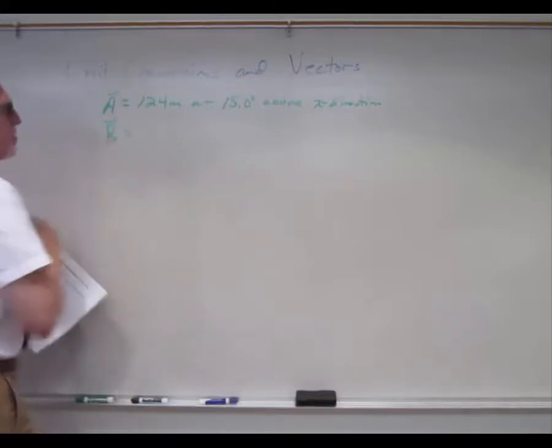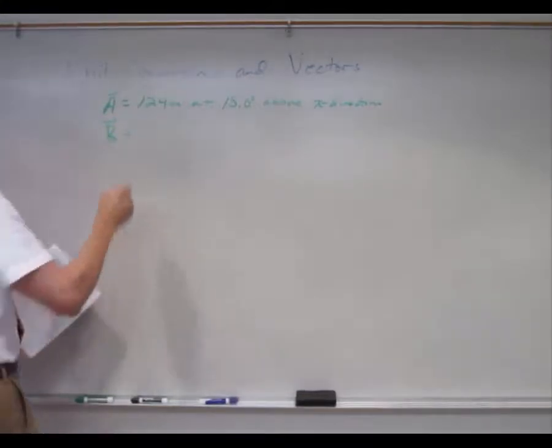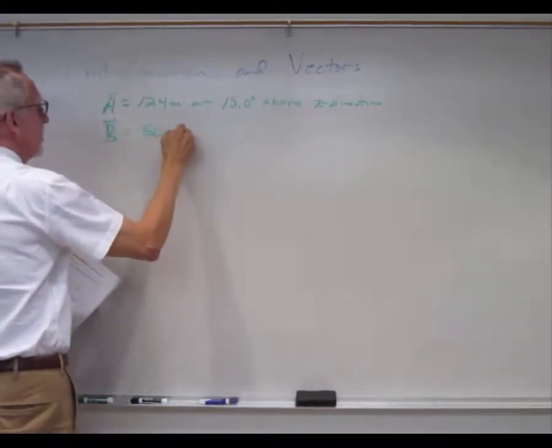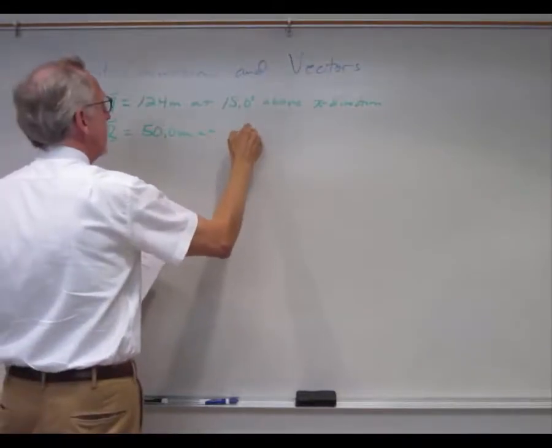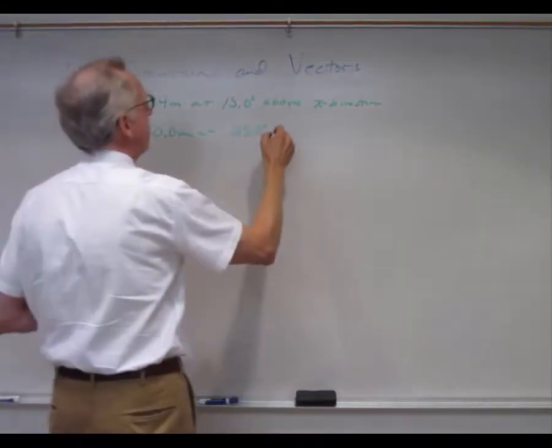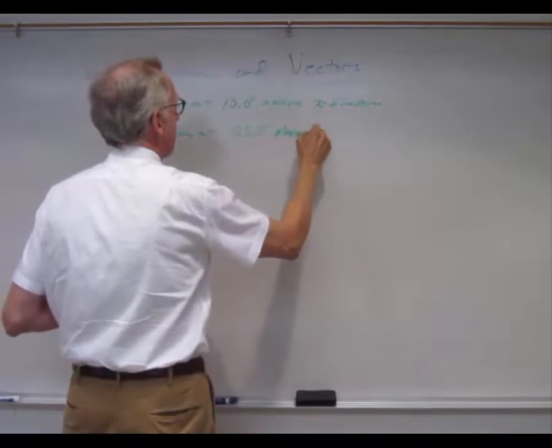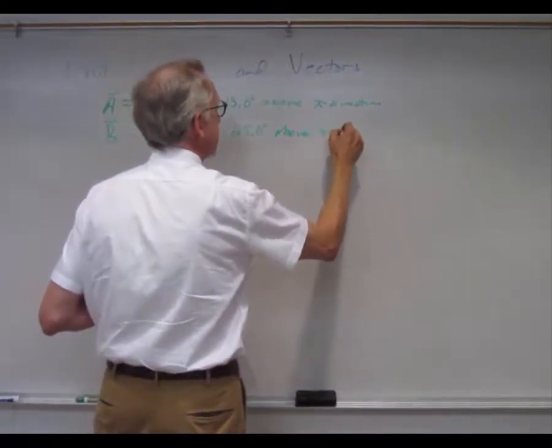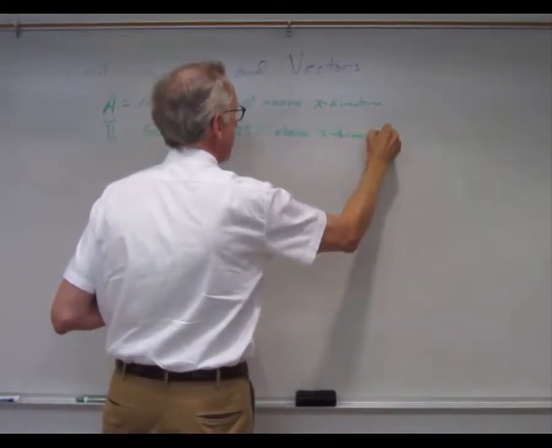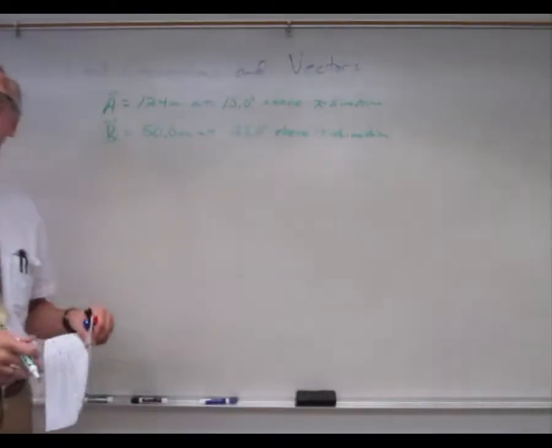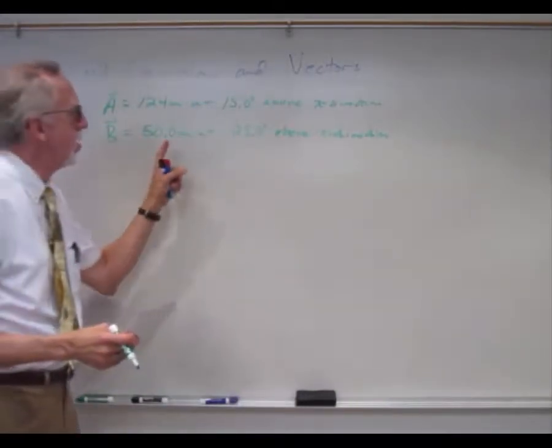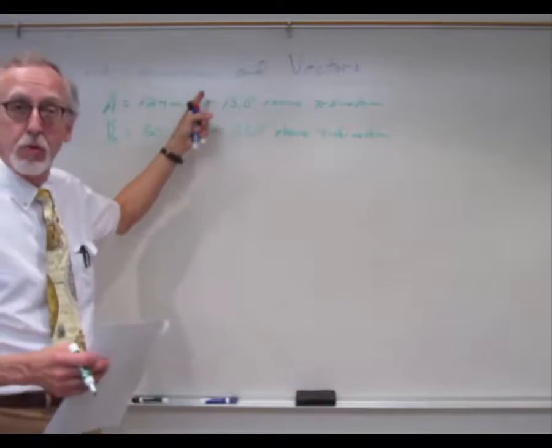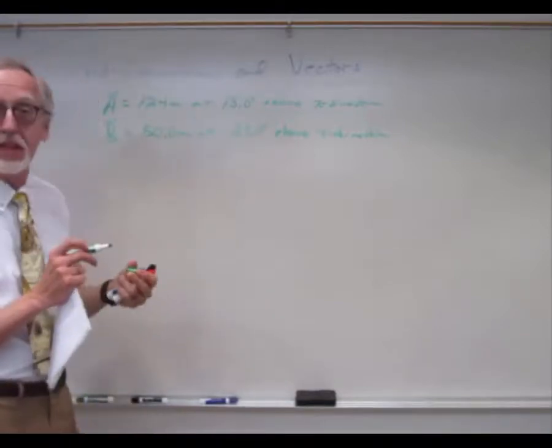And our second part, B, is 50 meters at 25 degrees above the x direction. Okay, let's see if we can figure out what our resultant vector, our resultant displacement, is after these two.